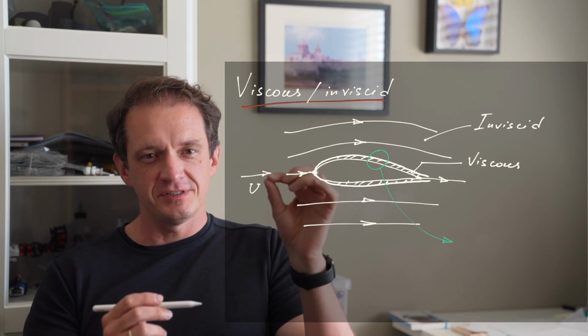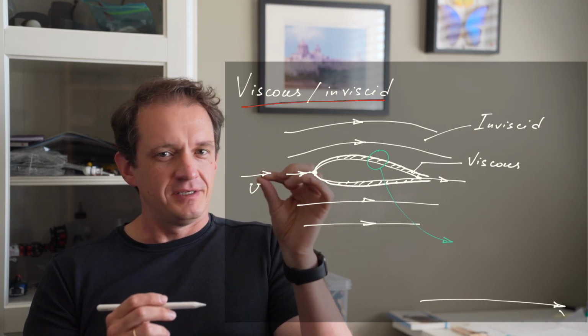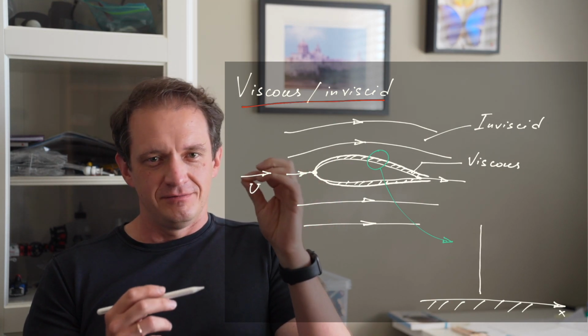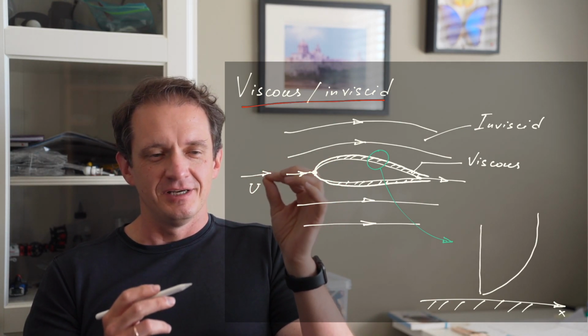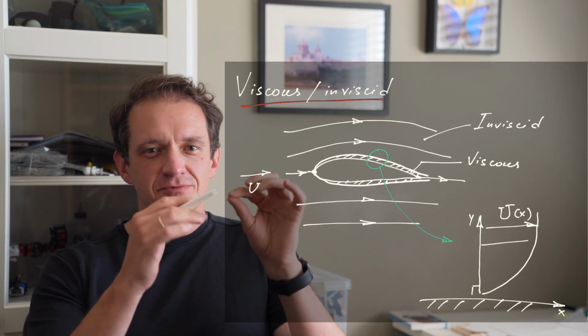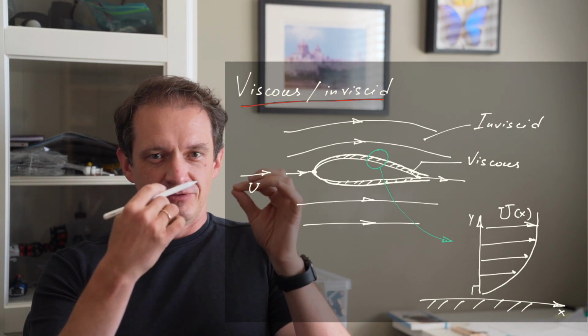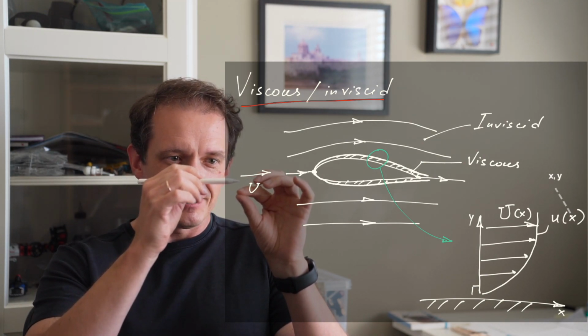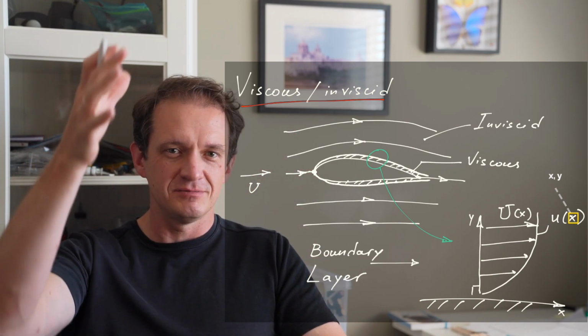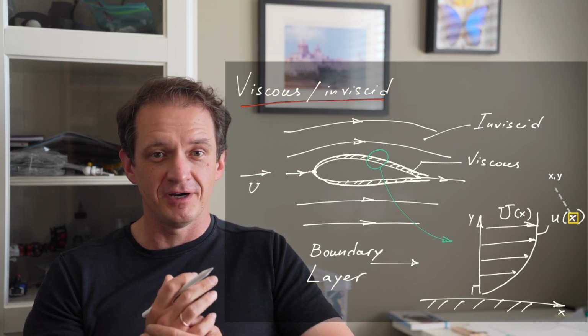So at the surface itself, the fluid particle cannot move. It's stuck to the surface, no slip boundary condition. And then that fluid particle, because it interacts with the neighboring particles through viscosity, slows down the particle next to it, and that slows down the next, and so forth. And that forms this boundary layer velocity profile.